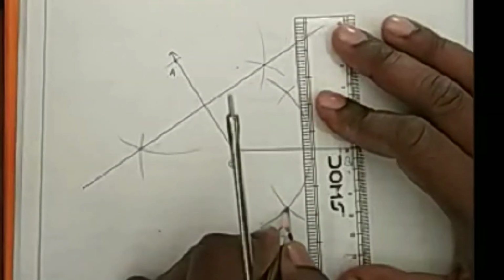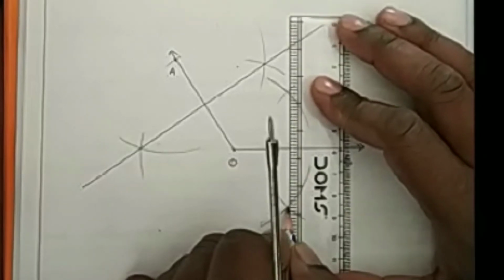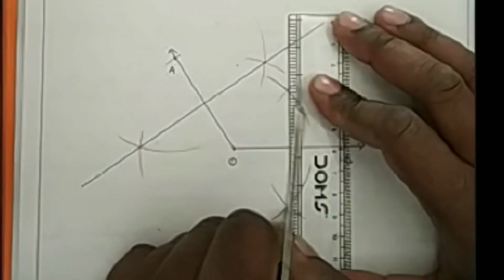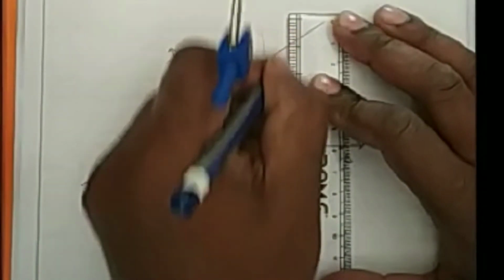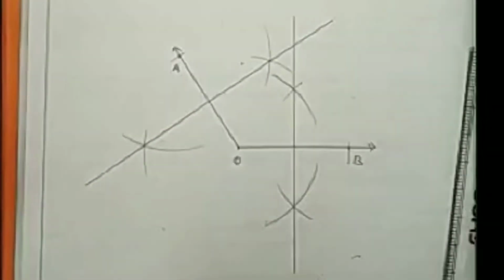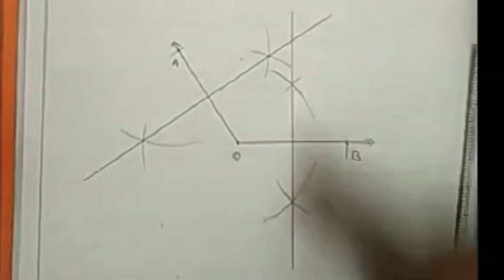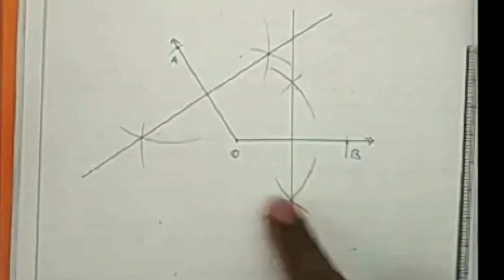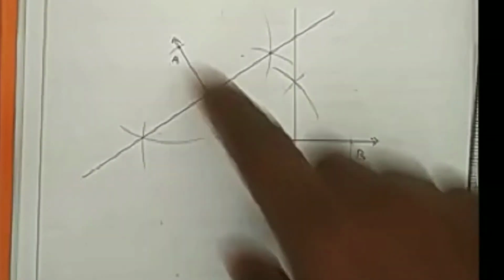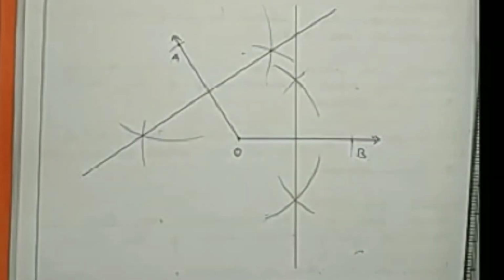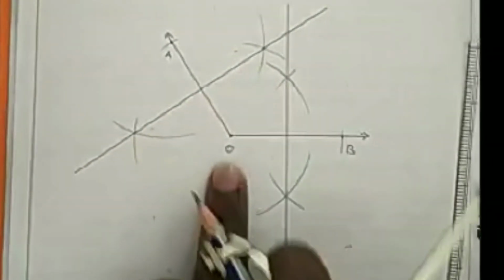The second line I will draw with pencil, so that you can see the difference between these two lines. The perpendicular bisector of AO I have drawn with pen and OB with pencil.